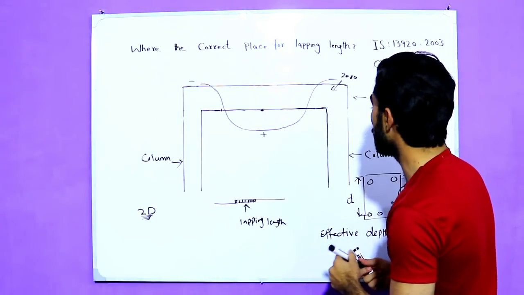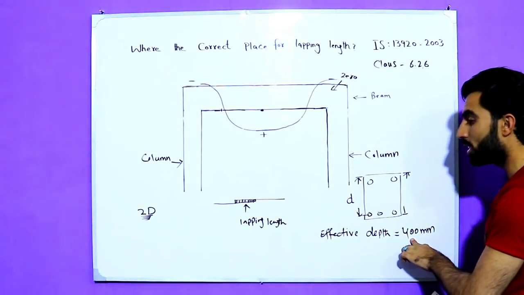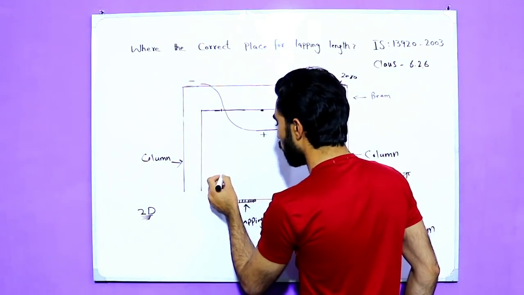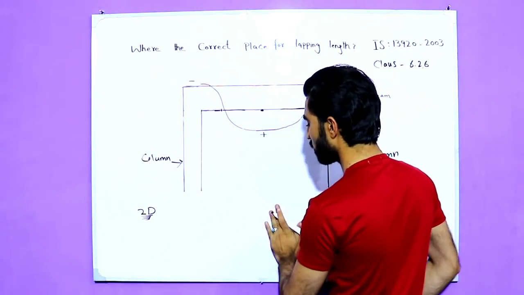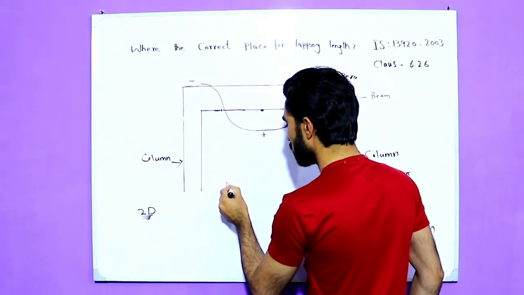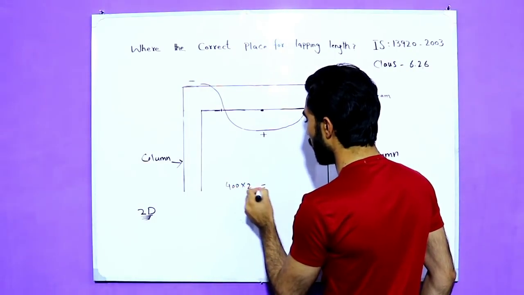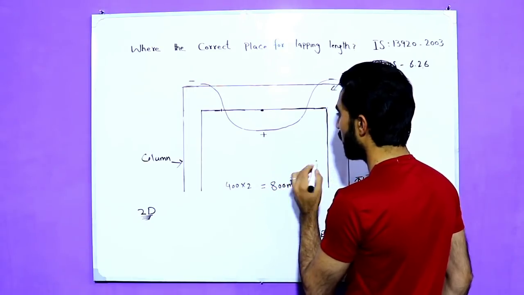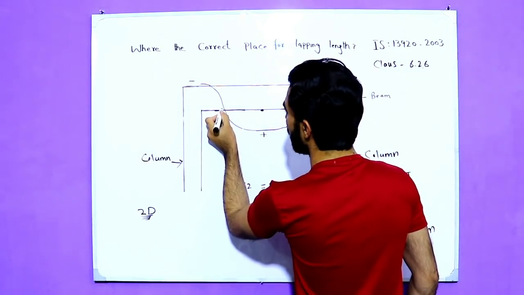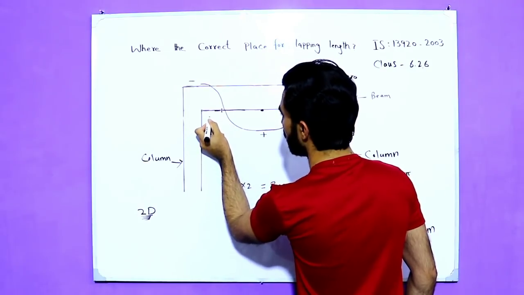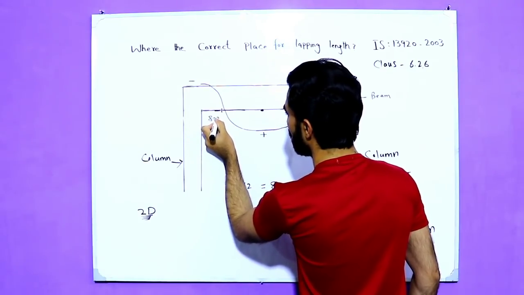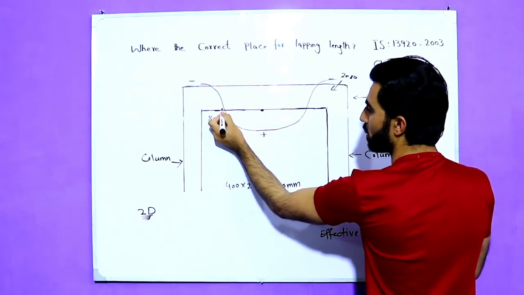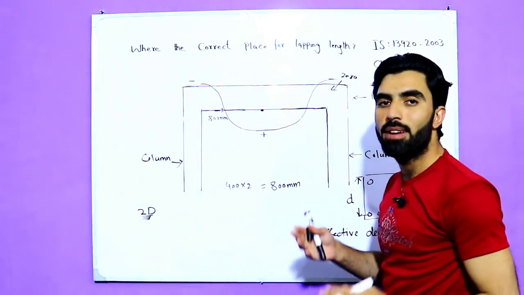So here guys, you can see the effective depth is 400 millimeters, multiply by 2, so it becomes 800 millimeters. So this is 800 millimeters. So after this point, we will provide lapping length.